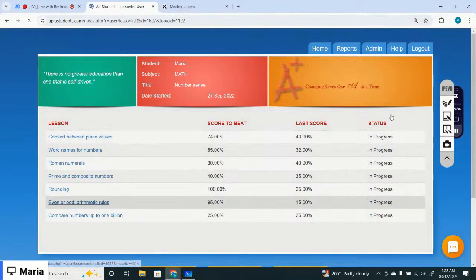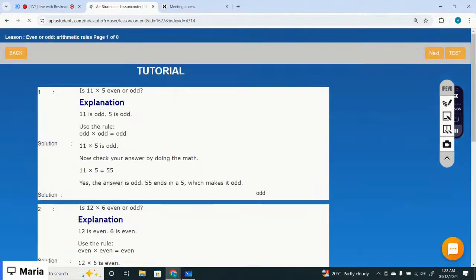That is even or odd arithmetic rules. Okay, is 11 times 5 even or odd? So basically now you're going to learn if the product of two numbers is even or odd. So how do you know? You have to see if the numbers are even or odd, right?